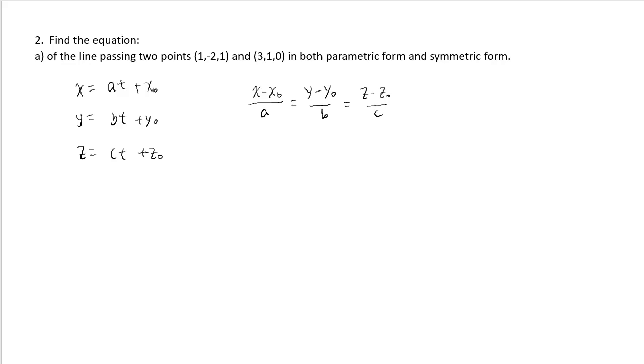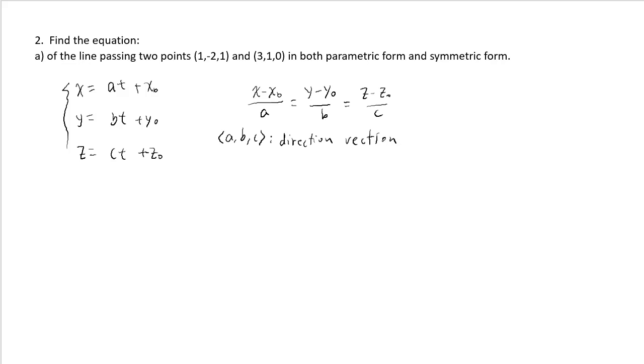So there are two types of line equations. Since it says both parametric form and symmetric form, you have to find these all together. But in both cases, you need the direction vector, the a, b, c. That's the direction of the line.